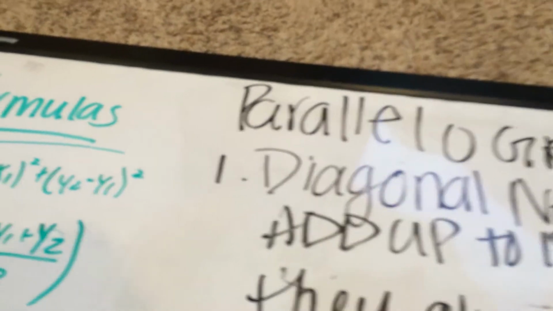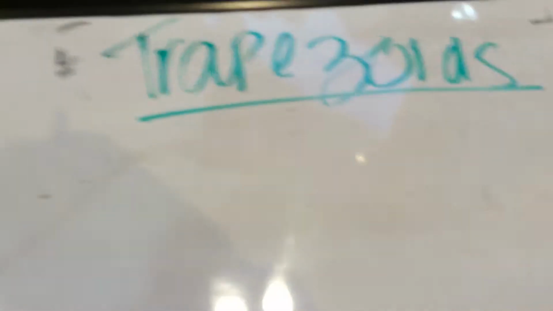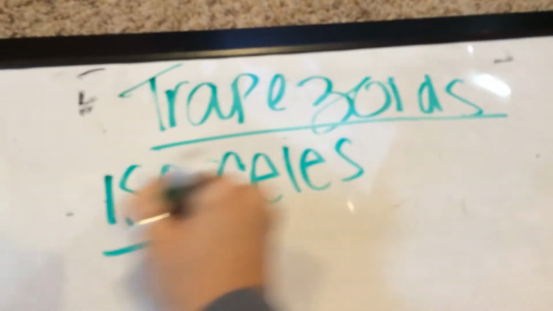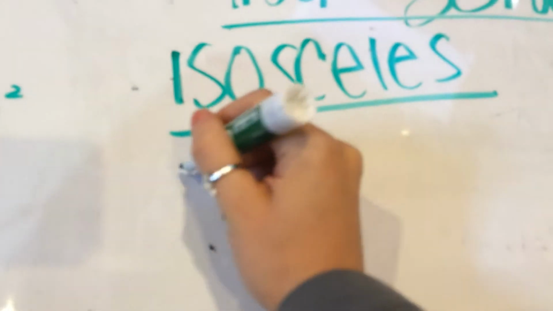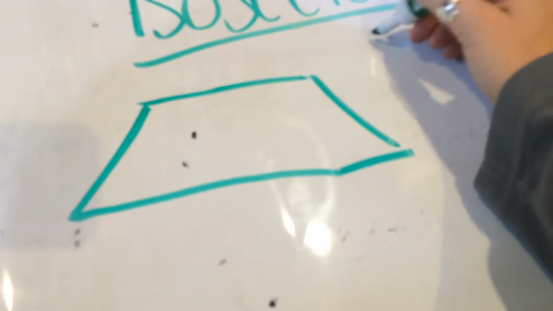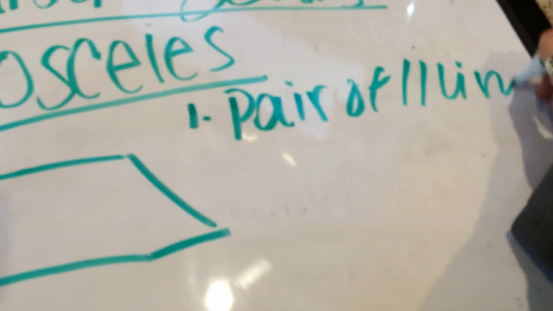So now let's go into trapezoids. Gotta erase my board. Trapezoid. Now, we have those isosceles. Here's my pretty picture. Always have one pair of parallel lines.